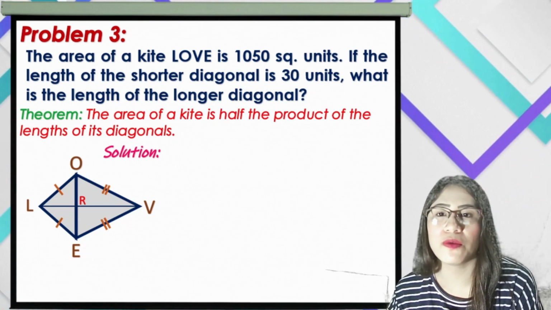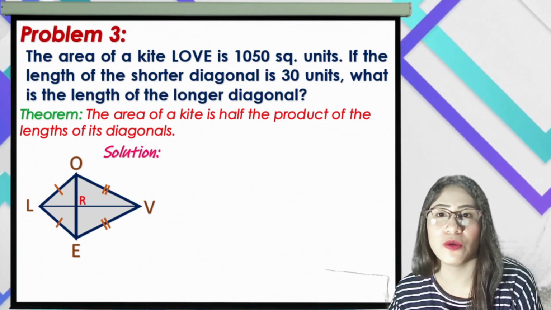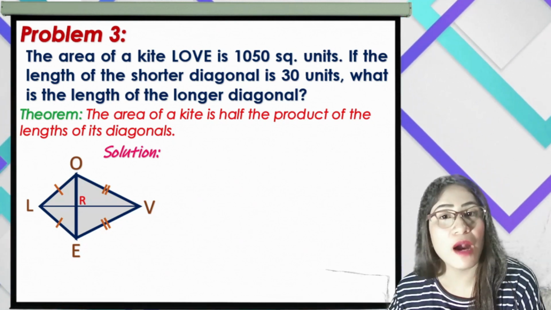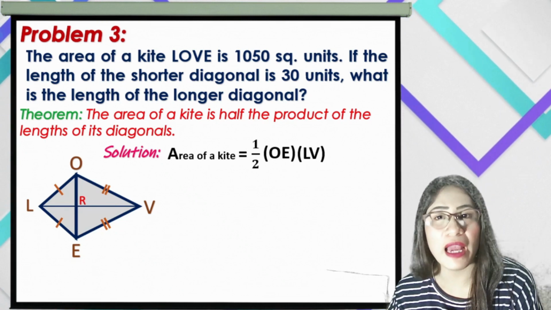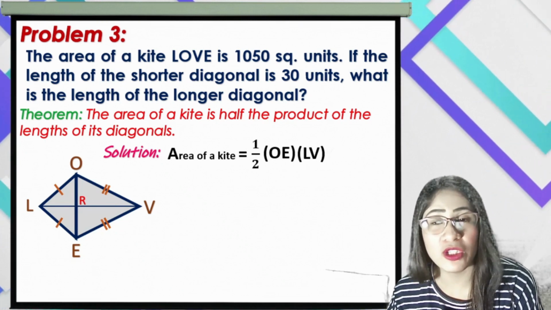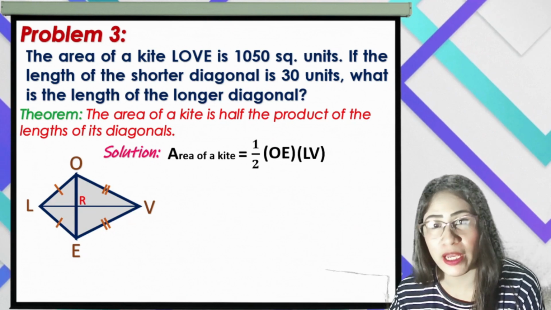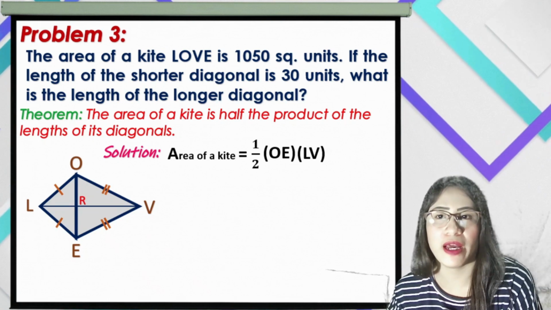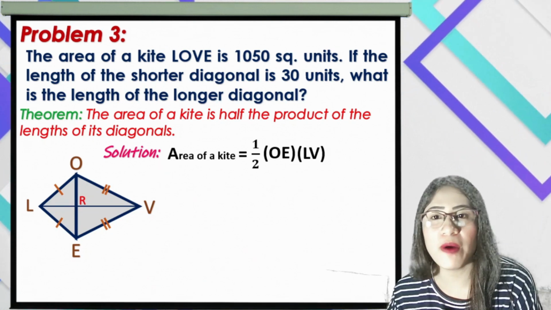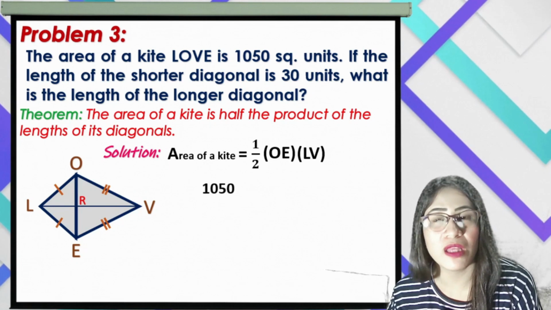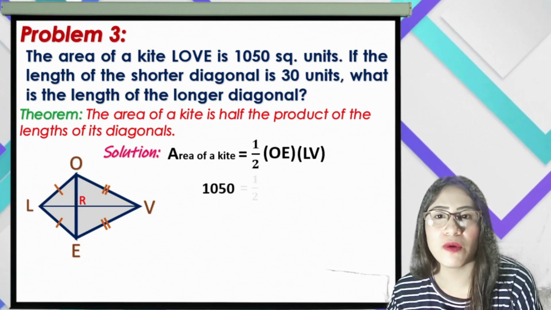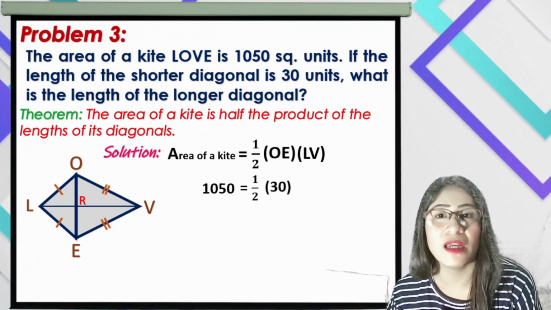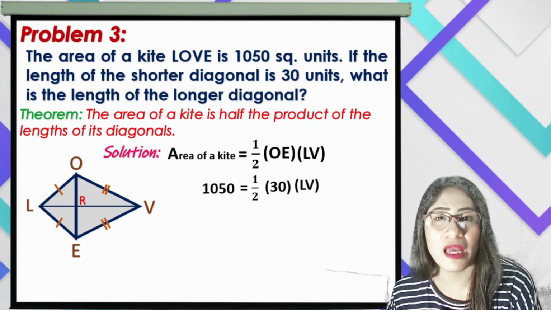So, to get the longer diagonal, our formula is: area of a kite is 1/2 times OE, the shorter diagonal, times LV, the longer diagonal. The area is given, 1,050, which is equal to 1/2 times the measure of OE, which is 30, and the unknown LV.